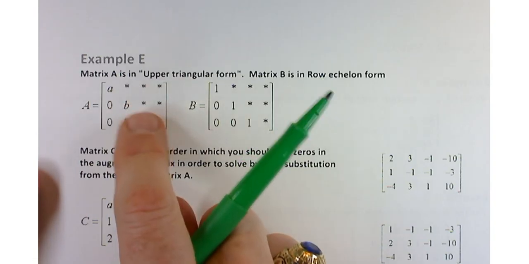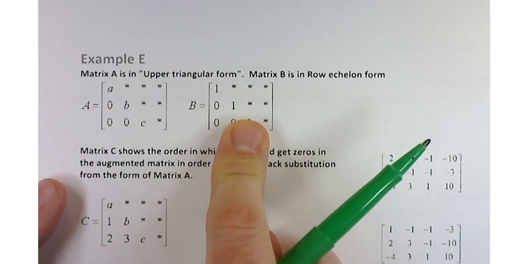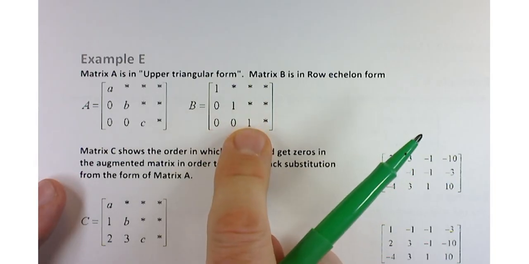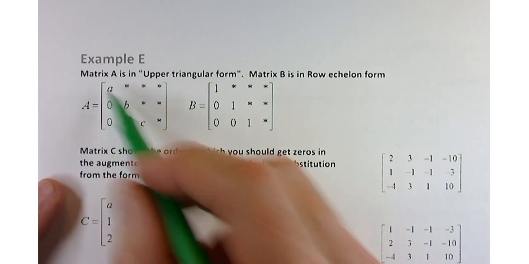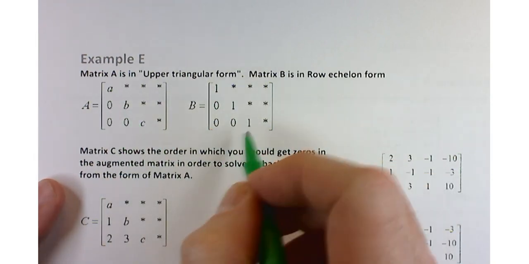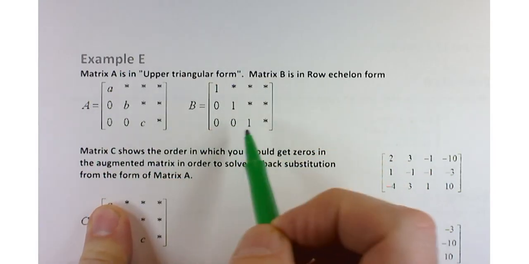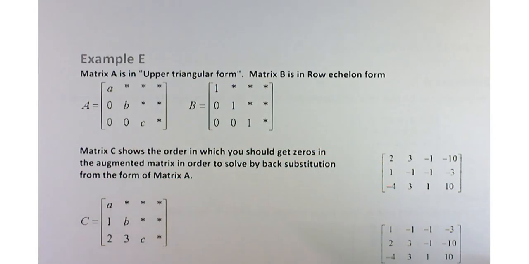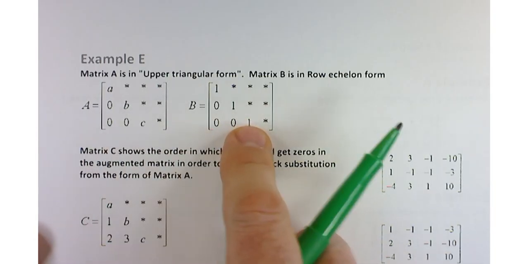Our goal is to make our matrices look like one of these two. This one is a little bit more work because instead of getting just any number on these diagonals, you want a 1 on these diagonals. This is more work. But if you get either of these, then solving these is going to be pretty easy. So we're going to put our augmented matrices in this form.